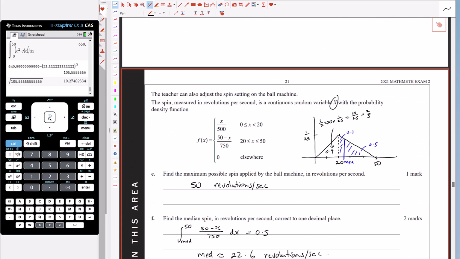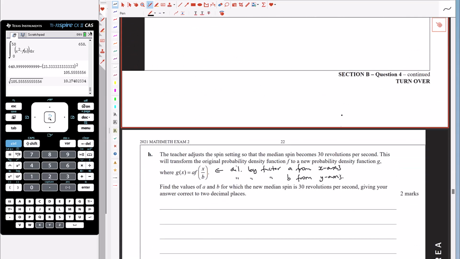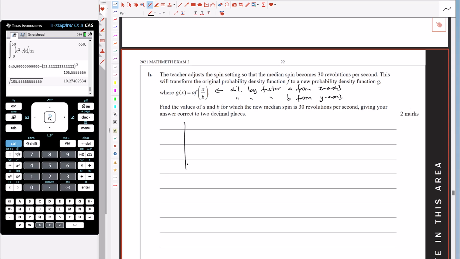I'm just going to draw it again. What we know currently is that the median value is here at 22 point something.